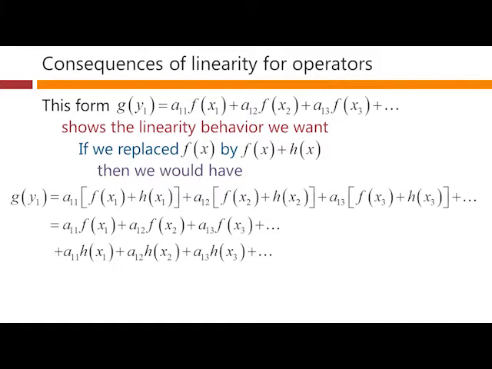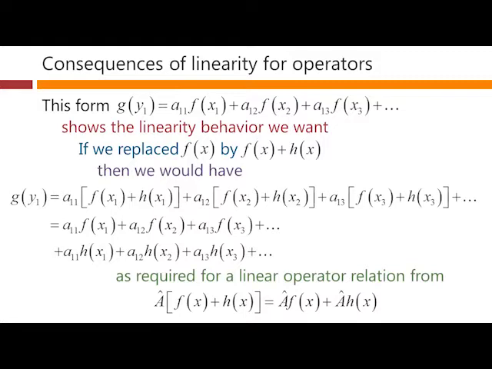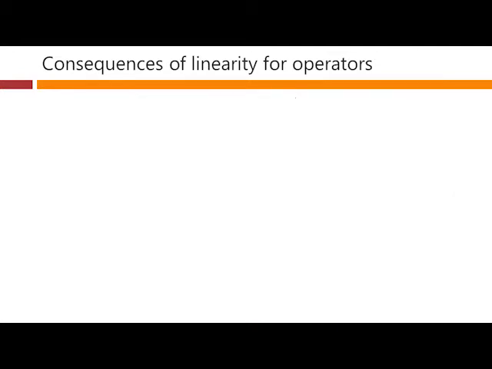Well, rather obviously, we can split that into two sums, this one here and this one here for the h. And that means, as required, that this operation here, operating on the sum of f of x and h of x, is just the sum of the operation first on f of x and then separately on h of x. That's one of the criteria we needed for a linear relation.